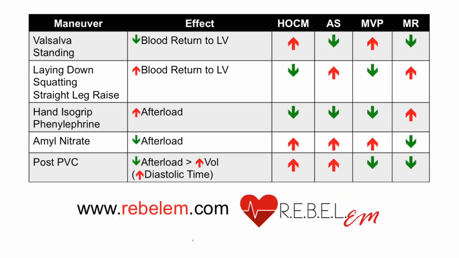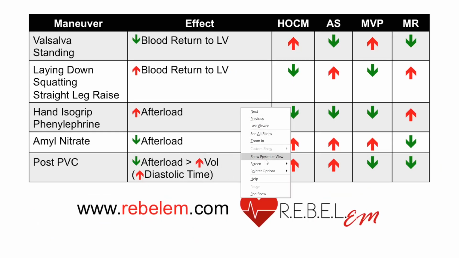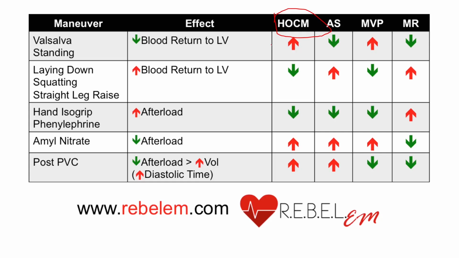Moving on. These are the maneuvers and the effect of the maneuvers on different kinds of valvular problems. I would want you to remember this table, but right now just concentrate on hypertrophic obstructive cardiomyopathy.